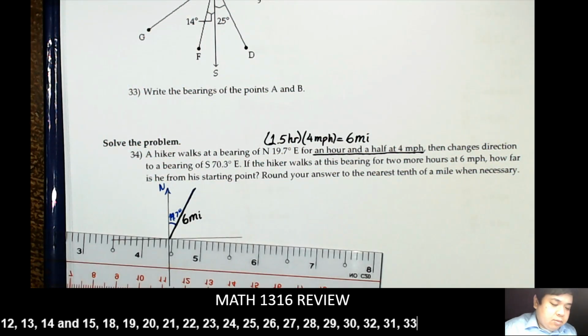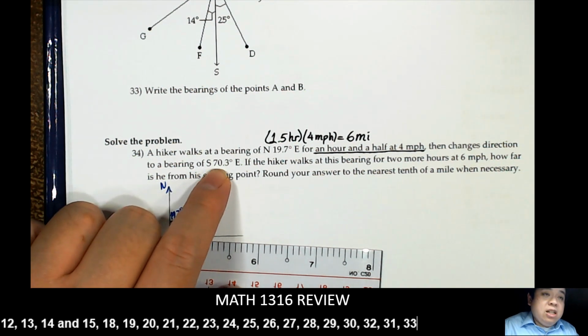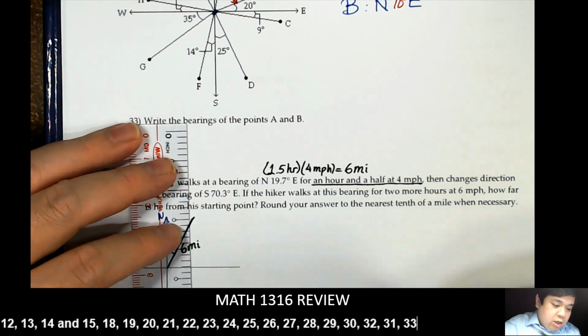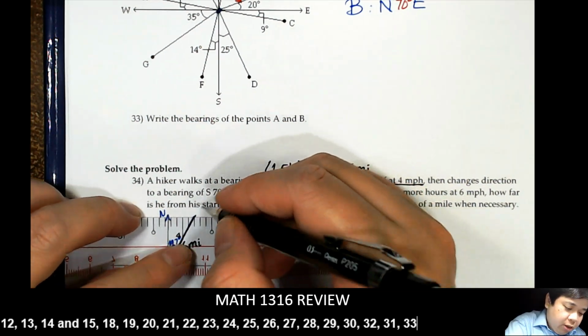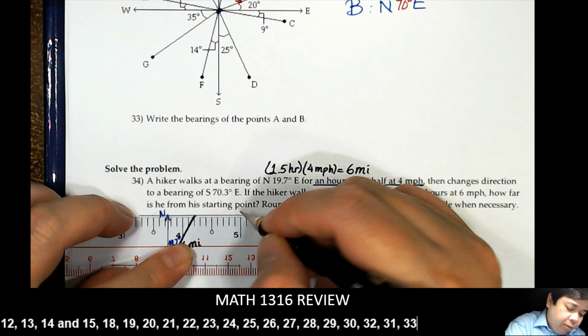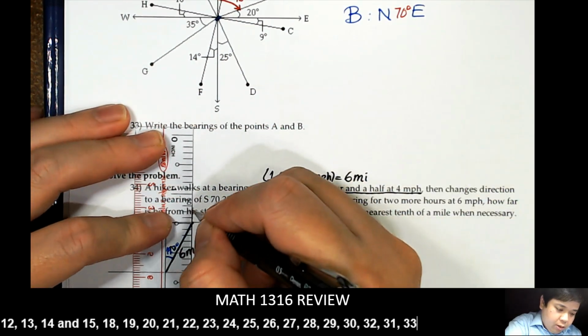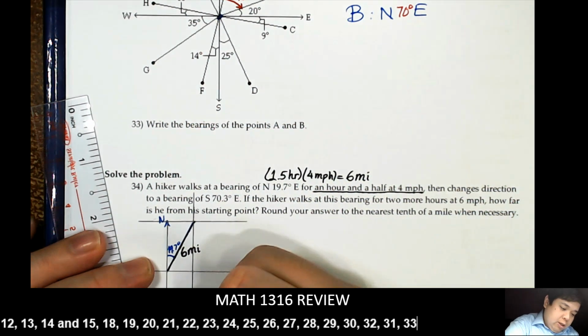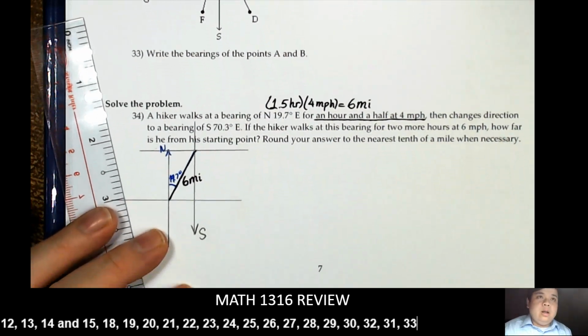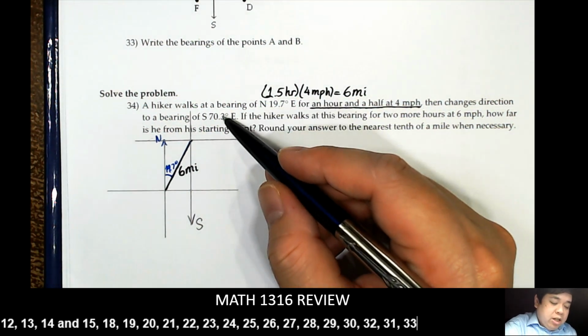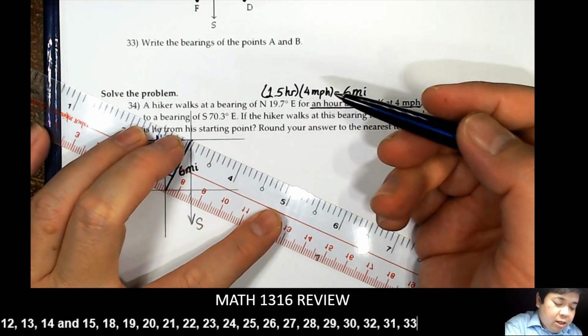After that, the hiker walks at the bearing south 70.3 degrees east.